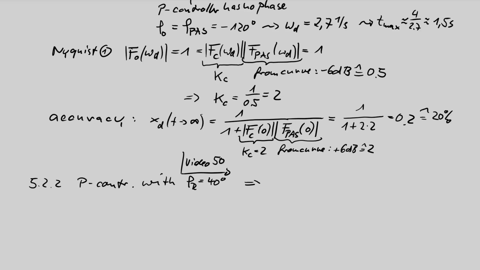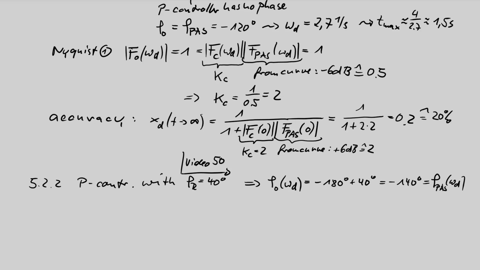Yeah, and if I go through the previous steps, then I know that the process open loop phase at omega d now is minus 180 plus 40 plus phase margin, and we see this is minus 140. I know this is identical to the process actuator sensor phase at omega d.